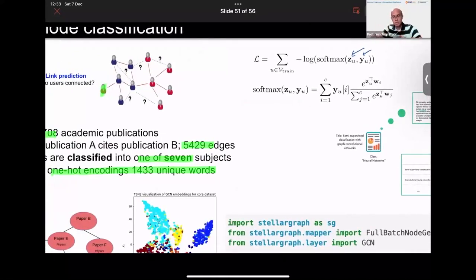So it's going to minimize the discrepancy between these two. And this loss function will, of course, depend on all the weights and biases of the graph neural network and the MLP and so on. But at the last layer, you have a softmax.